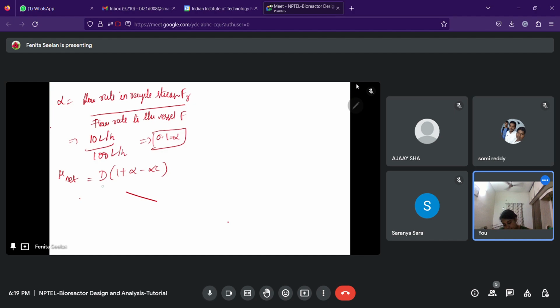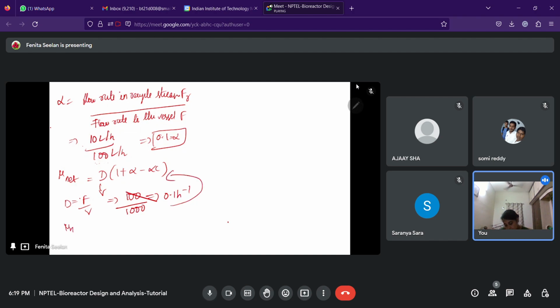For this, we need the value of D. D is nothing but F by V. F is the flow rate to the vessel, don't confuse it with 10 liter, which is 100, divided by volume, which will give you 0.1 per hour.